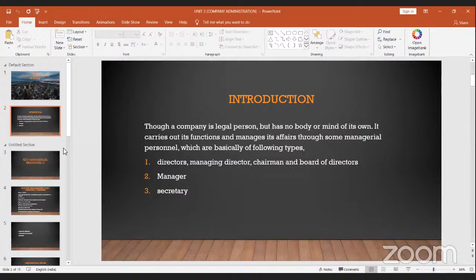We also discussed debentures, different types of shares, and the prospectus. What are the contents of a prospectus? All these we discussed in unit 2.